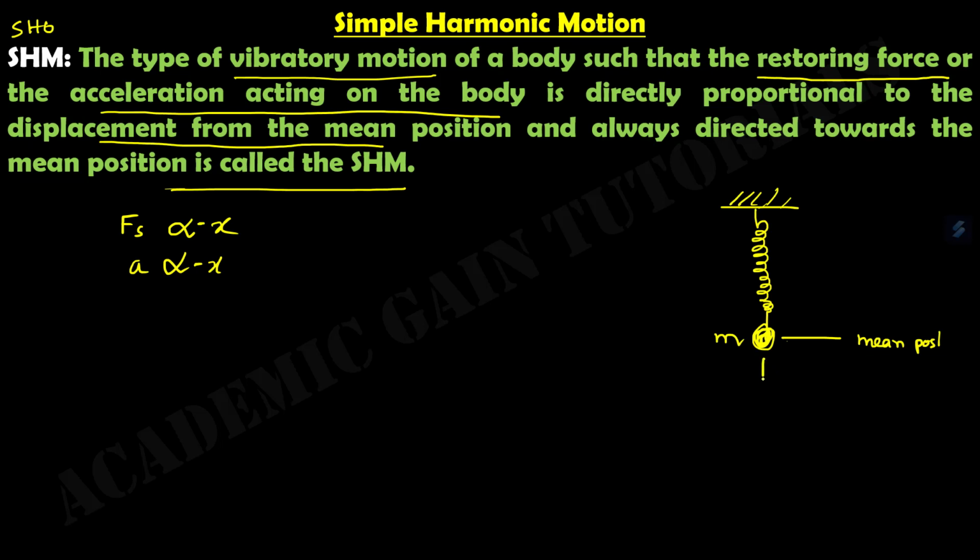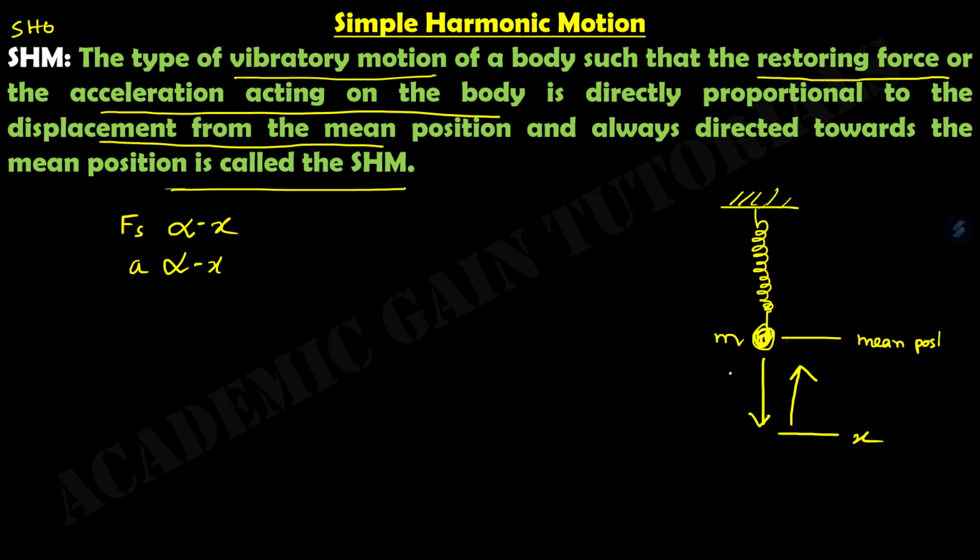Then we stretch this spring from the mean position to some position X. Then this X is always directed towards the mean position, so it always tries to go to the mean position.